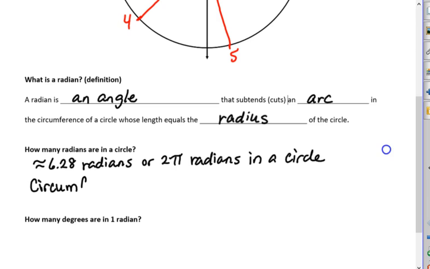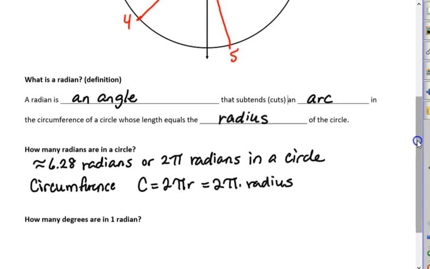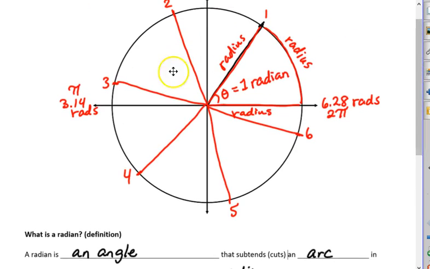In the circumference of a circle, we have the little formula c equals 2 pi r, which is 2 pi times the radius. So there are 2 pi radius lengths around the circle. Therefore, there are 2 pi radian angles in 360 degrees. So 2 pi radians in 360 degrees.